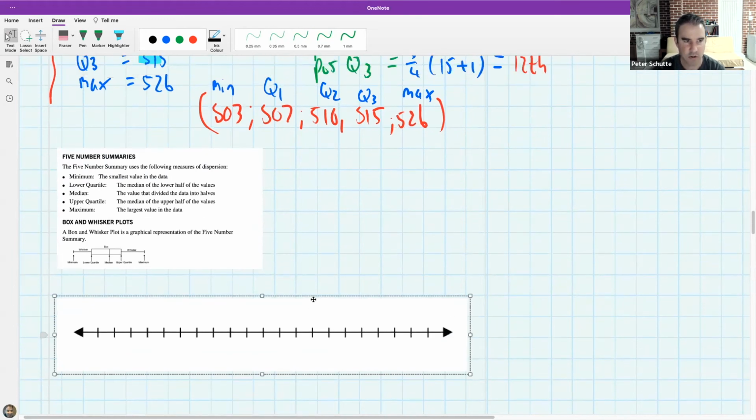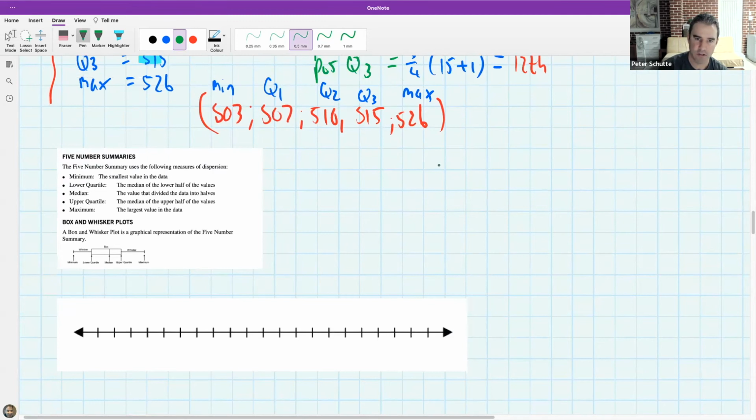So what is the range of my data? Well, we know how to work out what range is. We've done this before. Range is just the biggest minus the smallest. So 526 minus 503, that's going to be 23.